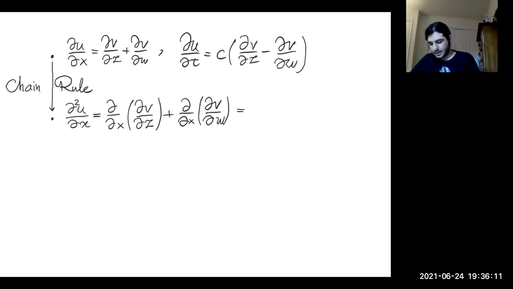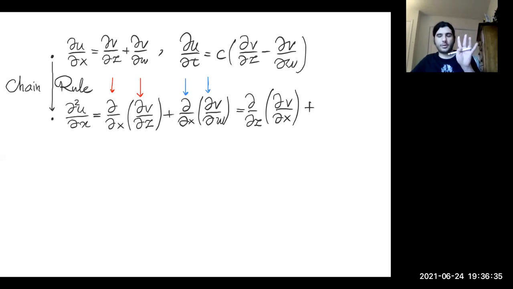Suppose the derivative with respect to x commutes with the derivative with respect to z. So it would be the derivative with respect to z of the derivative of v with respect to x; I changed the order of the derivatives. Let's do the same thing here and suppose these two derivatives commute. So we get the derivative with respect to w of the derivative of v with respect to x.